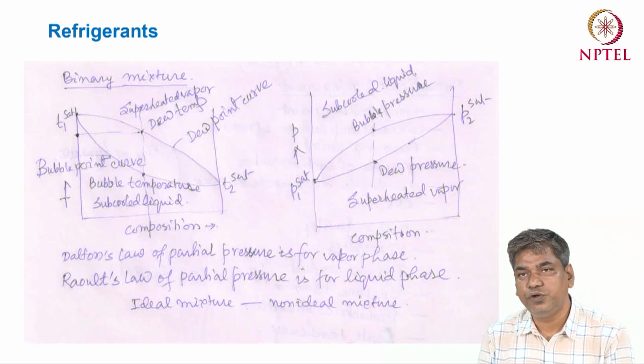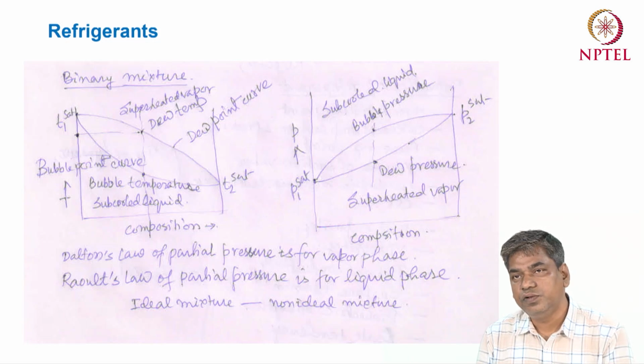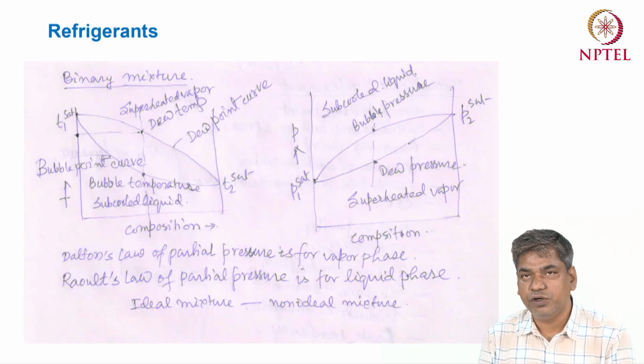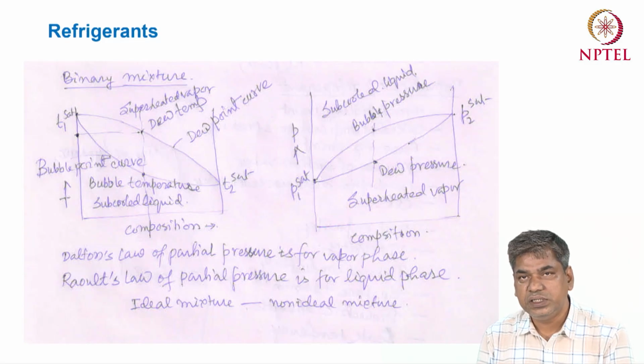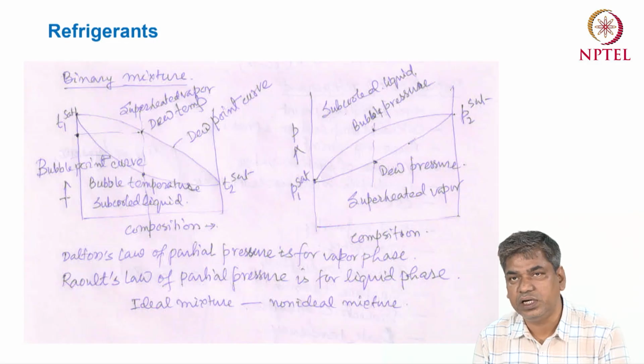Similarly, when fluid 2 is 100%, T2 is the saturation temperature of fluid 2. Then if you vary the composition between fluid 1 and fluid 2, you will see two different curves. One is called the boiling point curve, another is called the dew point curve.